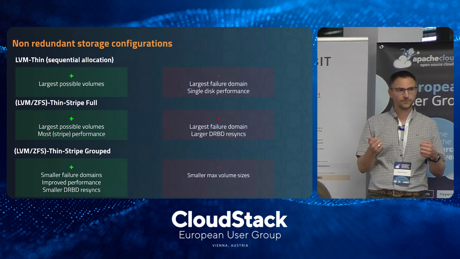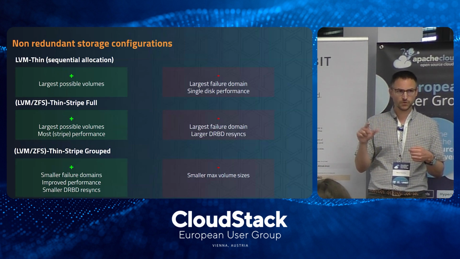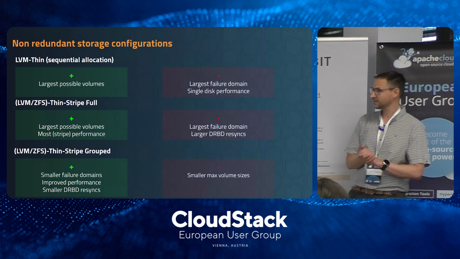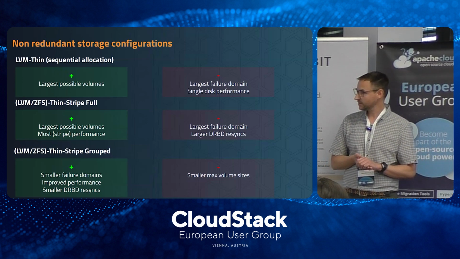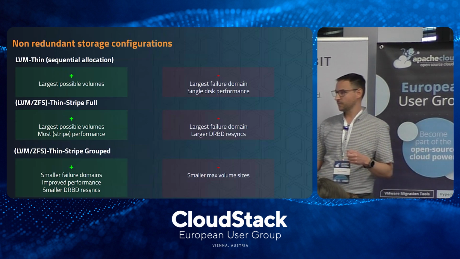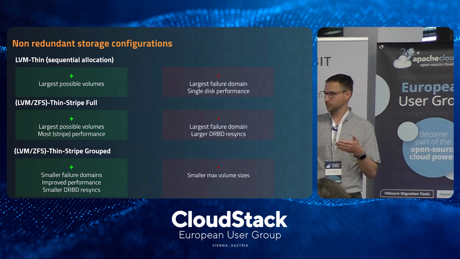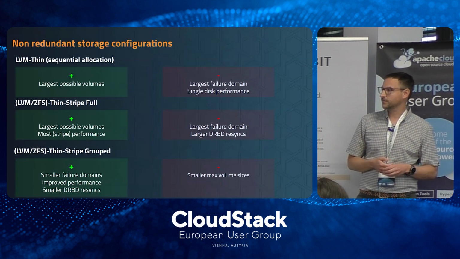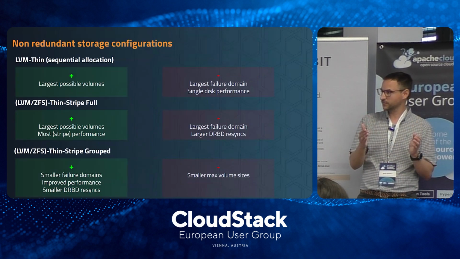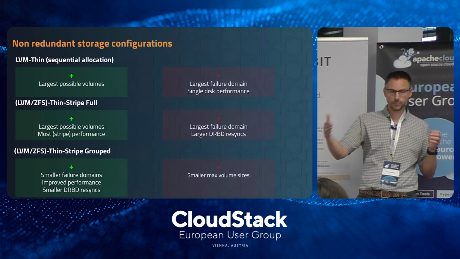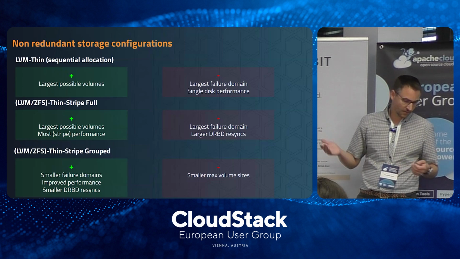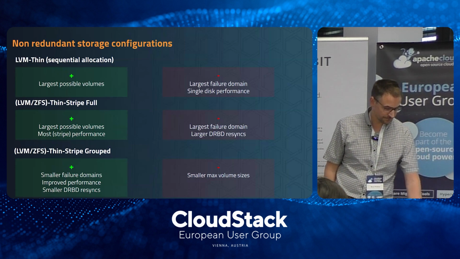So then you could only have a max volume of 2 of the drives. So that would be, in the 5 terabyte case, 10 terabytes. But you have improved performance because it stripes at least over 2 drives or 3, however many you choose. You have smaller failure domains because if one drive fails, not the whole pool goes, just this one group. And that means you then have smaller DRBD resyncs.